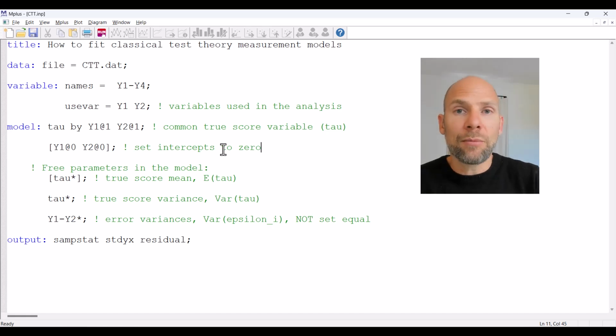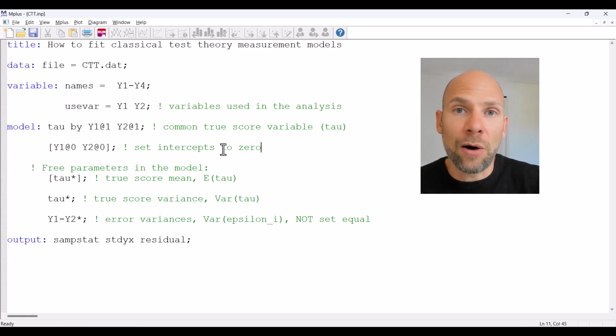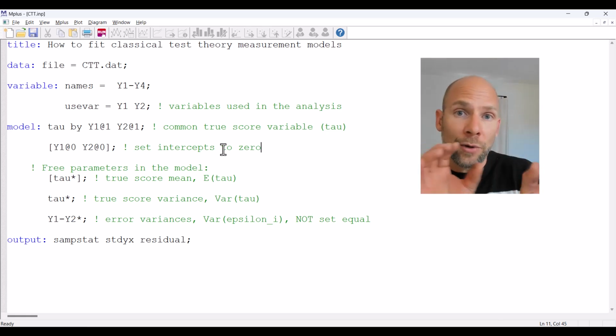Now, a congeneric model cannot be fit with just two tests unless you have other variables in the model that are correlated with the factor, with tau. So if you add an observed variable that is correlated with tau, or another latent factor that's correlated with tau, then it is possible to have just two variables where the loadings are different.